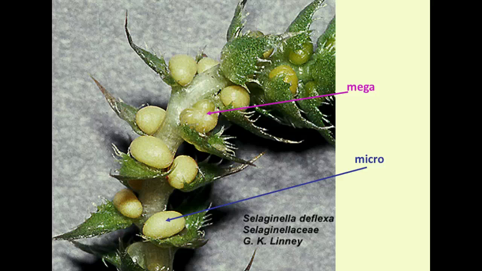So if you look at them really close, in some species you can actually tell the difference between the megasporophylls and the microsporophylls, because you can tell from looking at them that you have a megasporangium versus a microsporangium. This is not always easy to see. But see how the female one is sort of bulging, and the males are just kind of round. But again, you'd have to really look closely.